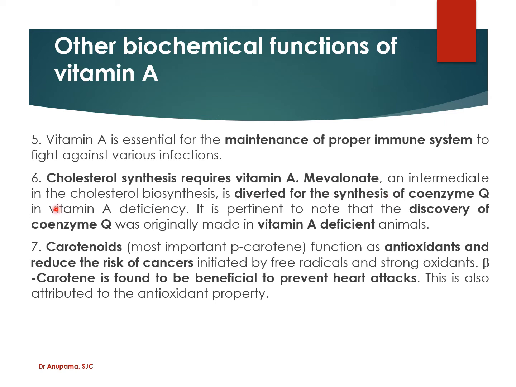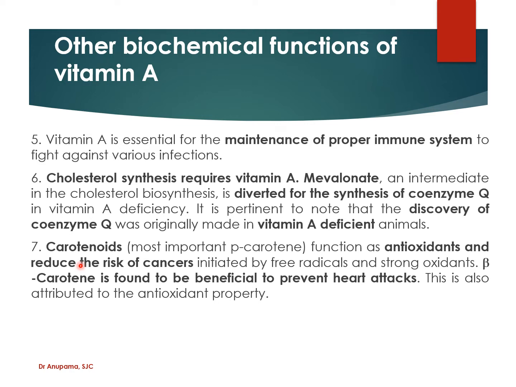Mevalonate, an intermediate in cholesterol biosynthesis, is diverted for the synthesis of coenzyme Q in vitamin A deficiency. It is pertinent to note that the discovery of coenzyme Q was originally made in vitamin A deficient animals.